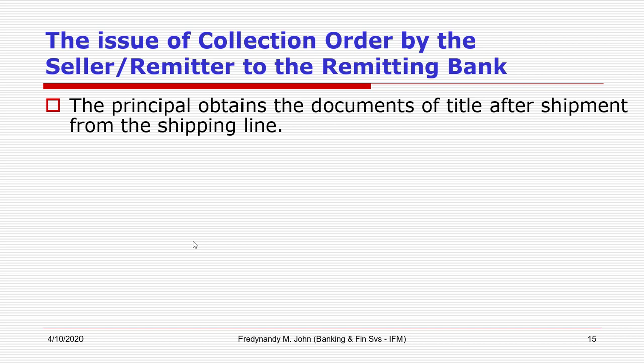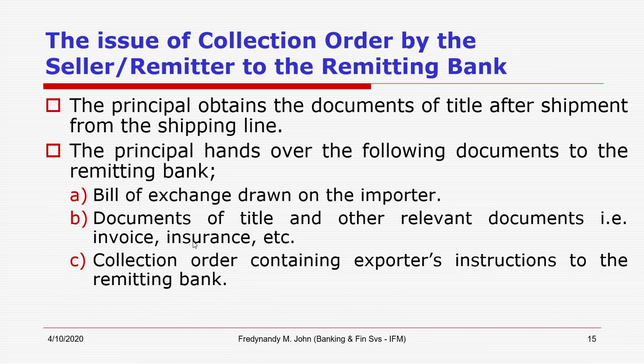Or if for some reason the exporter has chosen to use the airliner, then he can obtain what we call an airway bill. So once the principal has obtained this document, he will compile all the required documents together with the collection order before he can hand them to the remitting bank.